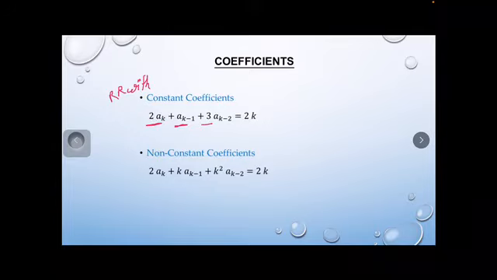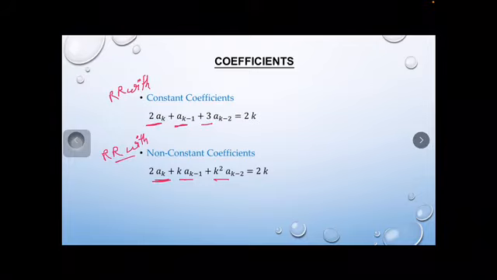And if your coefficients are, for example, 2, k, k square, these are not constant, so this is called non-constant coefficients. So you can say that this is a recurrence relation with non-constant coefficients, right?